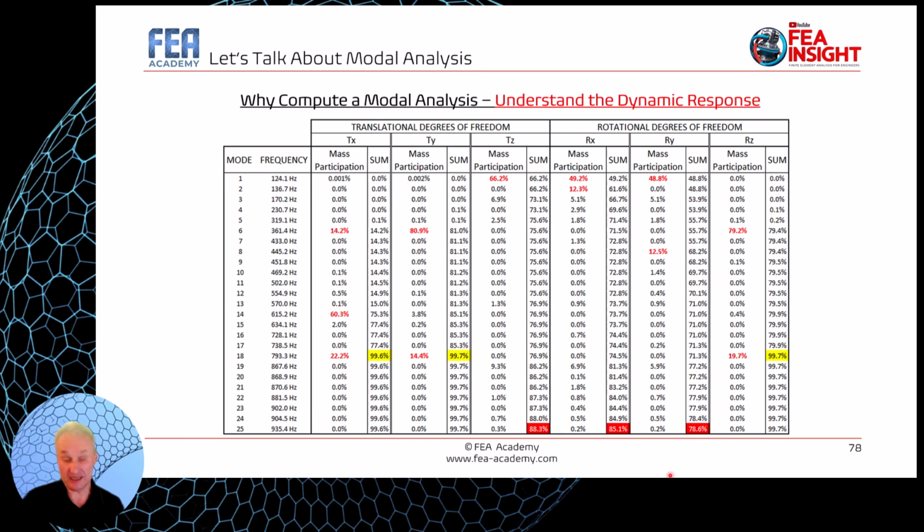To know that, I need to run the normal mode analysis to make sure that when I run my dynamic frequency response analysis, I will have enough modes for my linear superposition in order to capture the right dynamic frequency response of the system. So you see the basic normal mode analysis gives me very important information about the dynamic nature of the problem.